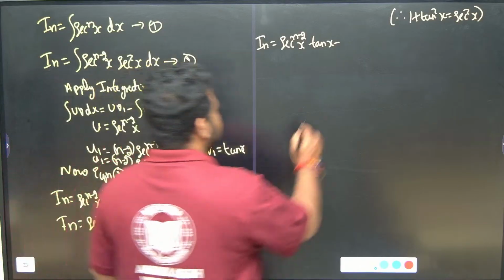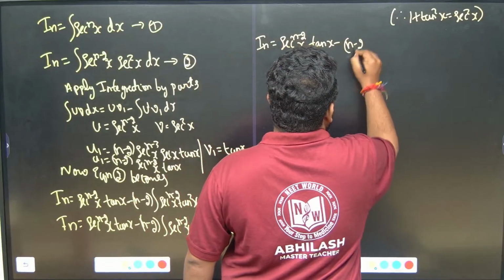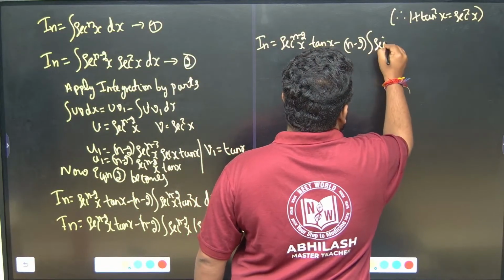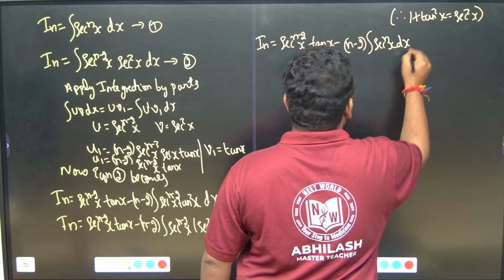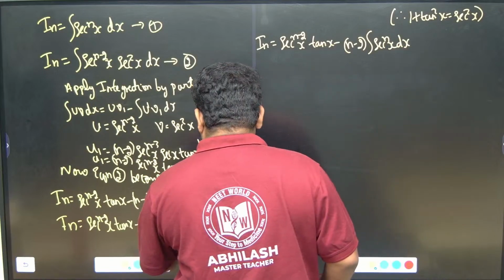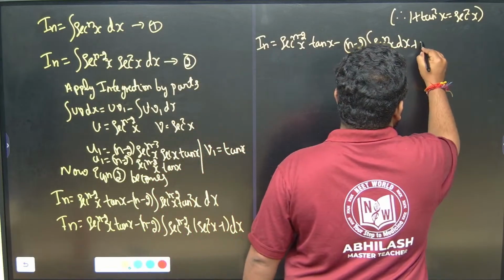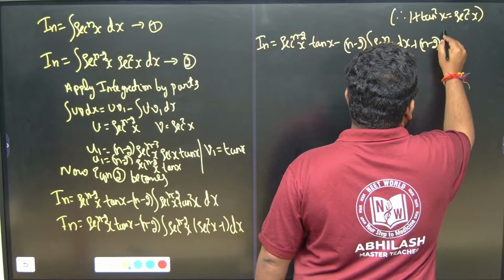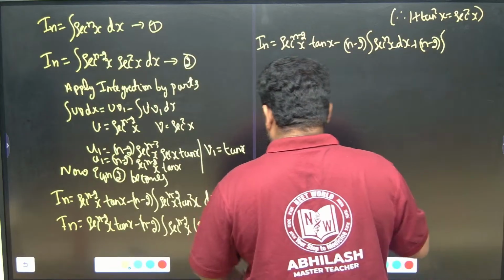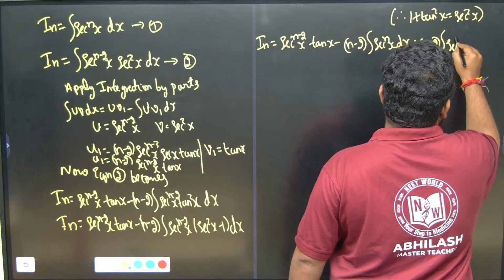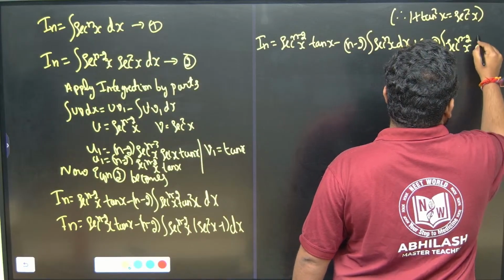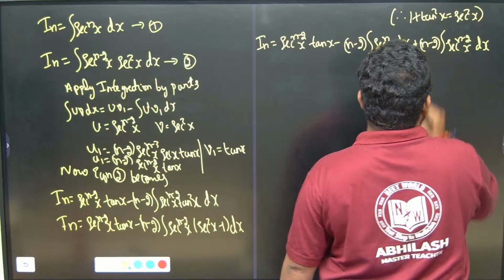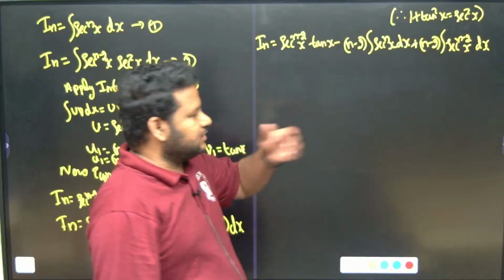So this I will get as n minus 2 into integral of secant n x dx. Similarly again, minus into minus will become plus, plus n minus 2 into integral of secant n minus 2 x dx. This is what I will have.